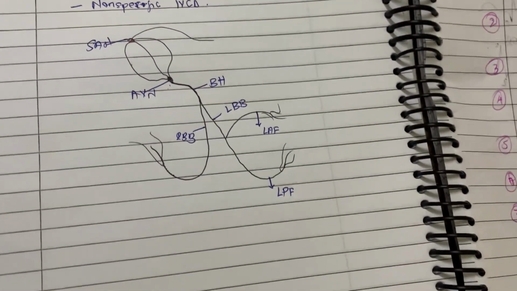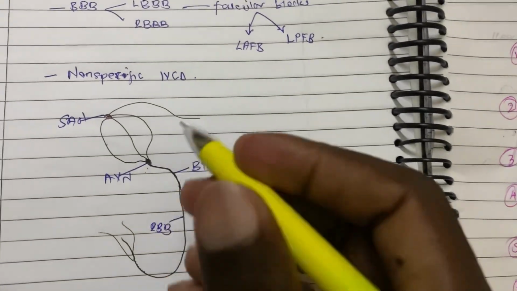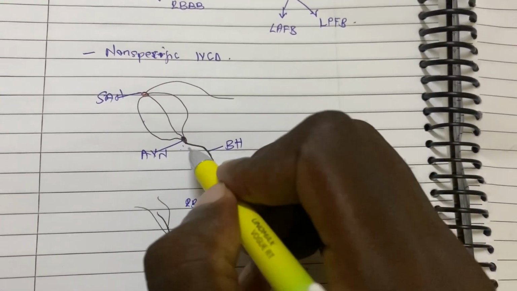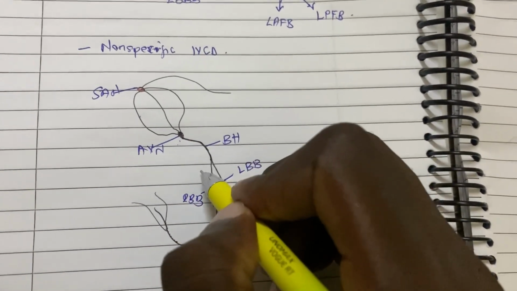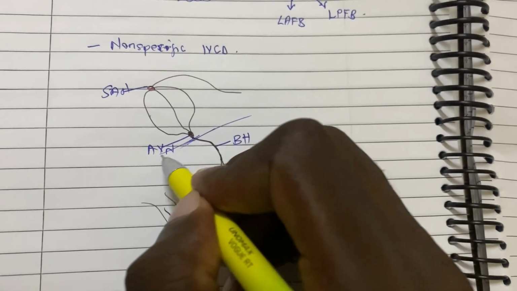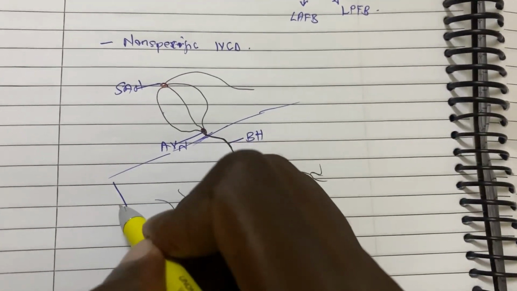So any block can happen anywhere. We are looking at interventricular blocks. The ventricle starts from there going downwards.